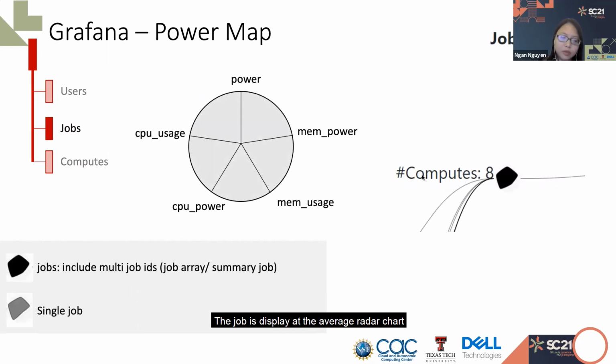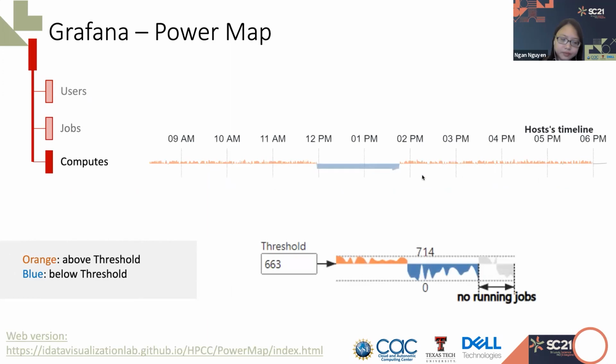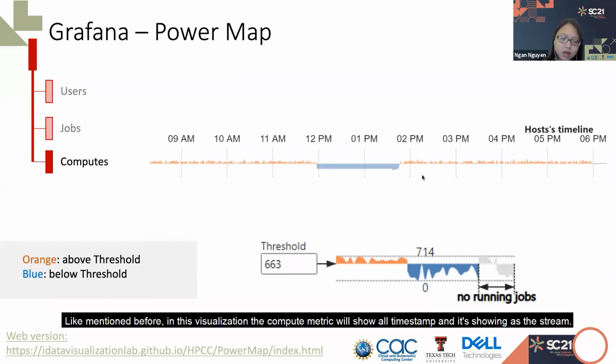For the job component, the job is displayed as an average radar chart, and the color of the radar chart indicates a multi-job or a single job. As mentioned above, in this visualization, the compute metric is shown over time steps, displayed as a stream.